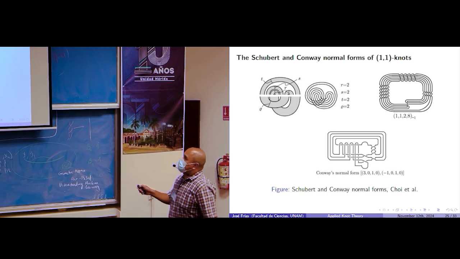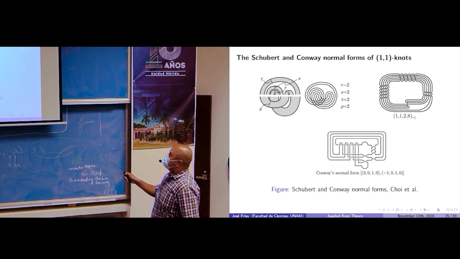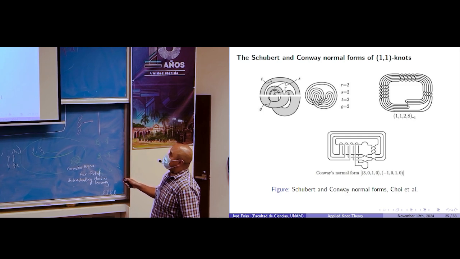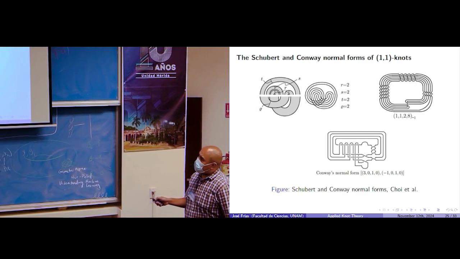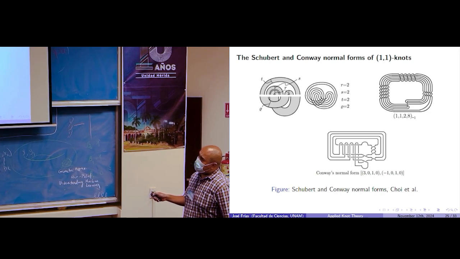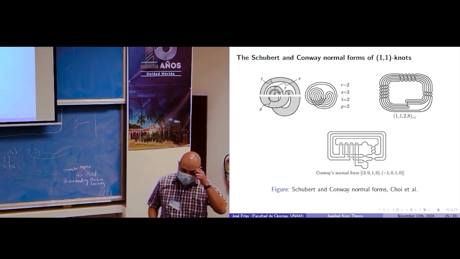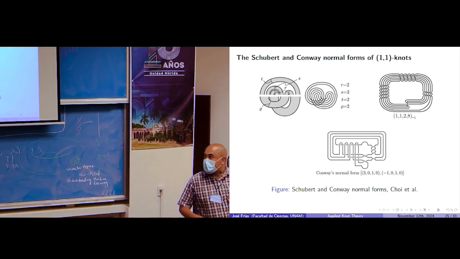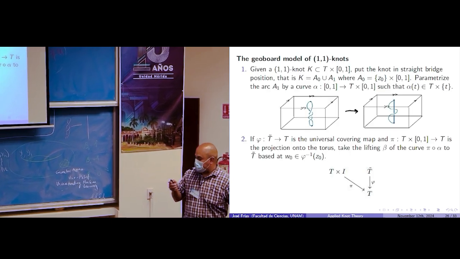Don't try to figure out what these numbers mean, but this 1-1 knot is represented by this 4-tuple. And there is another form called the Conway form. In this form, you need a finite number of 4-tuples of integers. Again, it's a difficult representation of knots. So I'm going to present the idea.